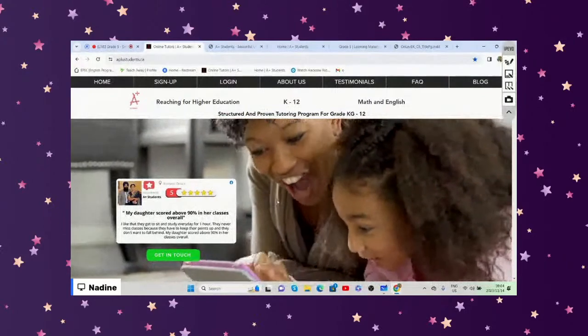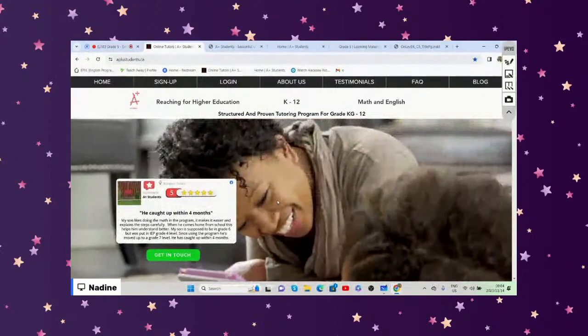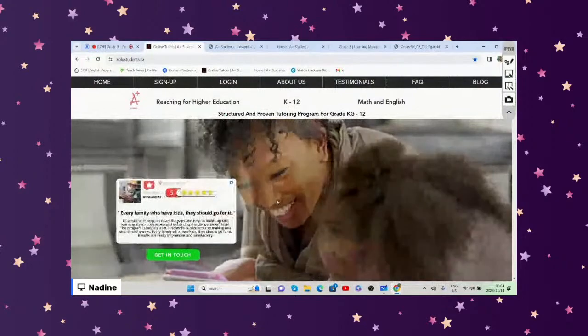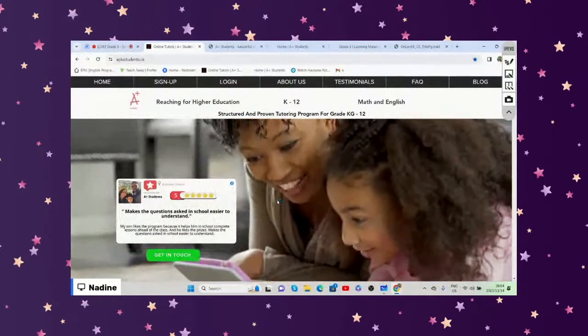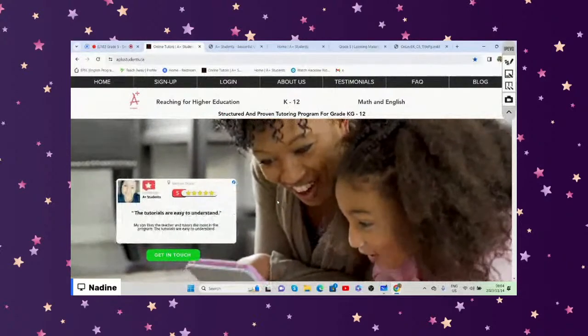Once you've selected language arts, grade 5, you're going to scroll down until you get to the chapter of prefixes and suffixes.